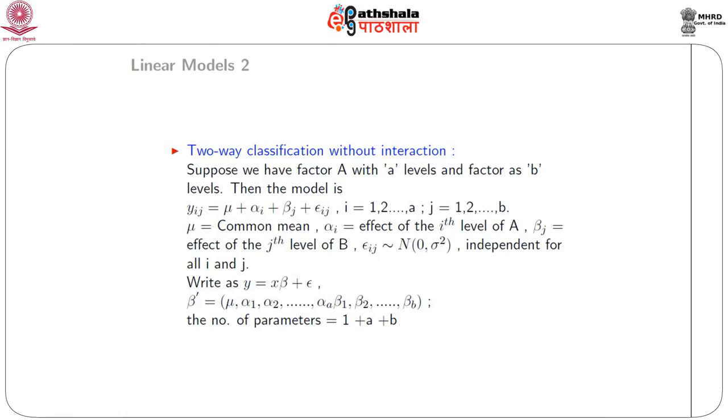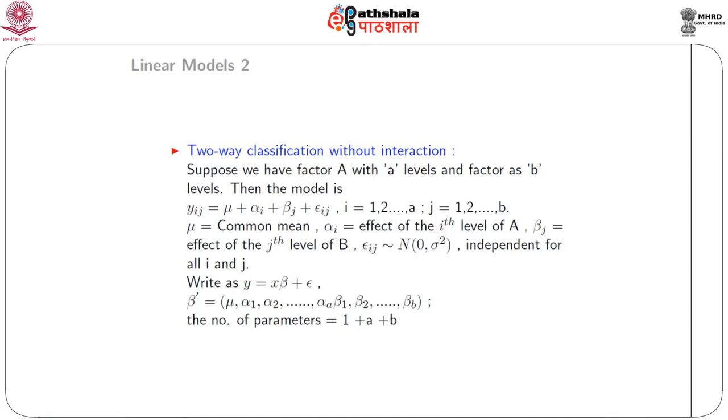Then the model can be written as Y_ij = mu + alpha_i + beta_j + epsilon_ij, i going from 1 to a, j going from 1 to b.